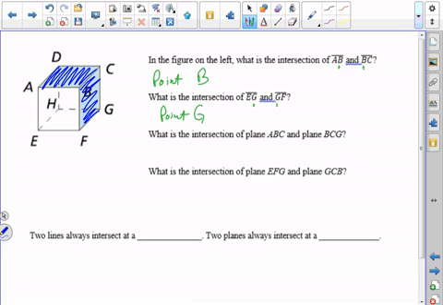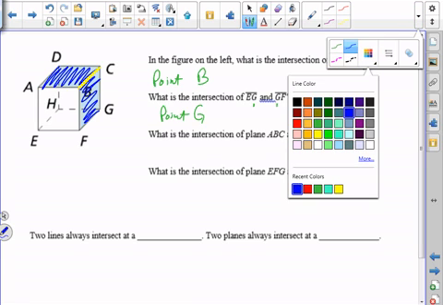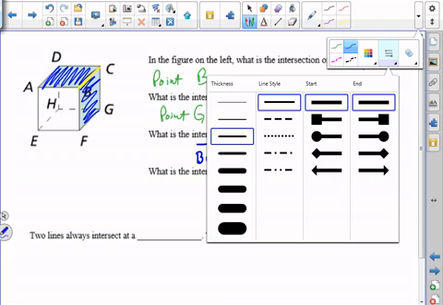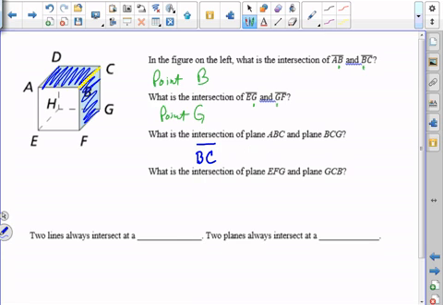And where they meet each other happens to be right there. They don't intersect at a point. These are going to actually intersect at a line or a line segment. So here I might say segment BC or segment CB, however you want to write it. And my pen got wider doing that. There you go.